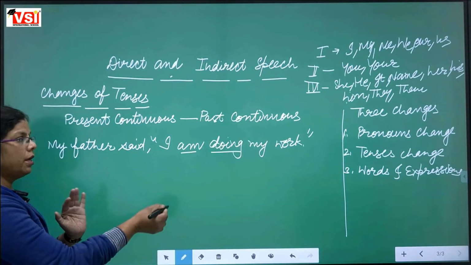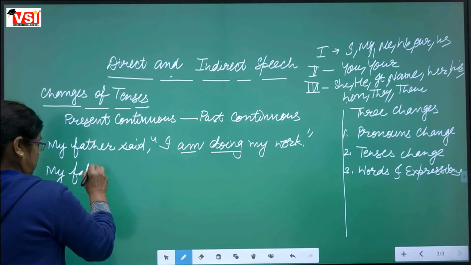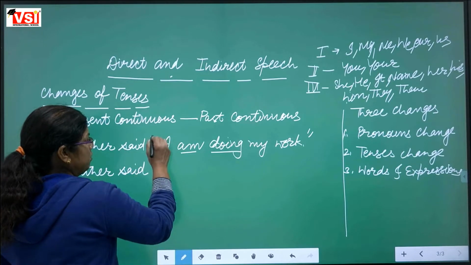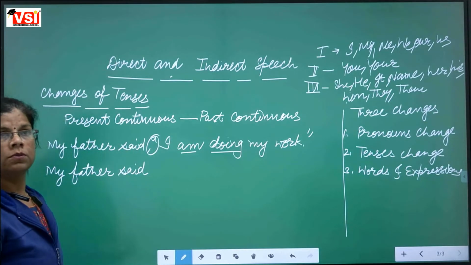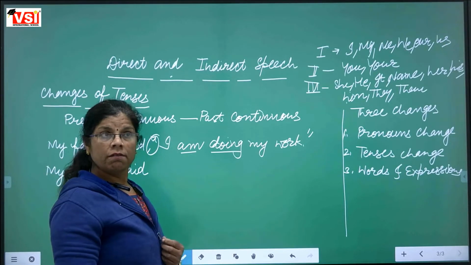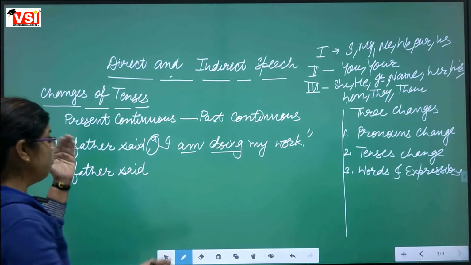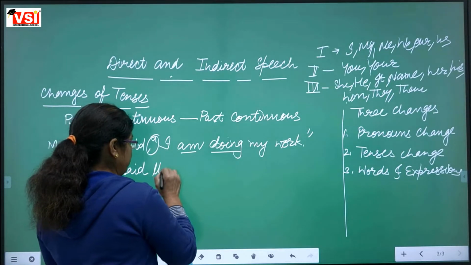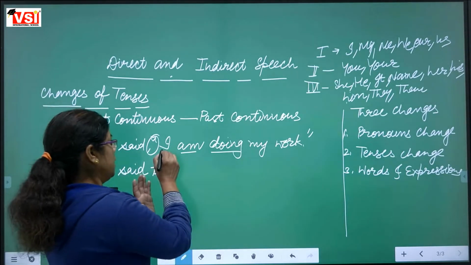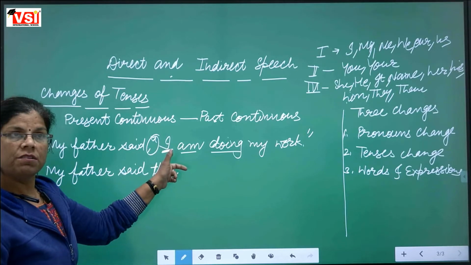So we are changing it again. My father said. Inverted commas are removed while changing direct speech into indirect speech, and we use that. My father said that I. Again we are having I, the first person.